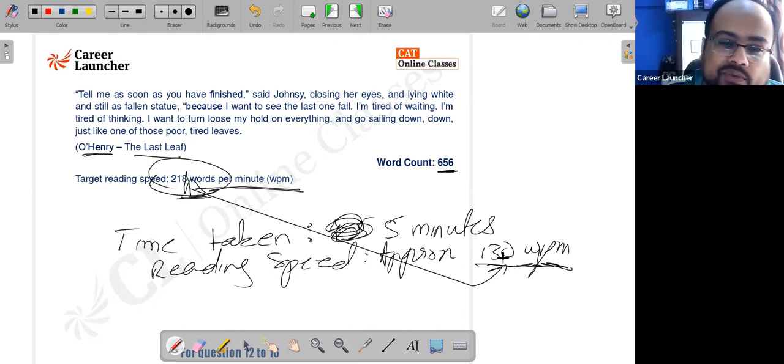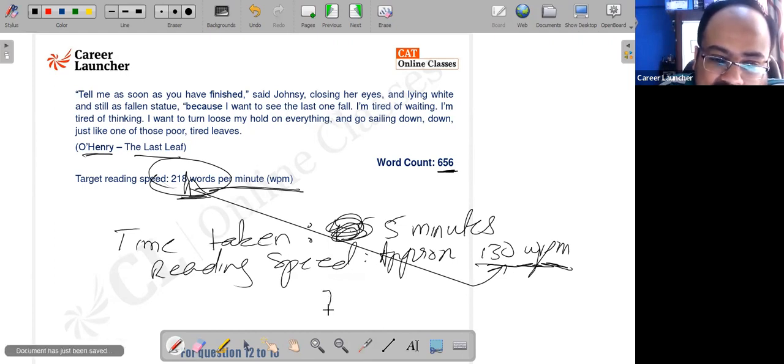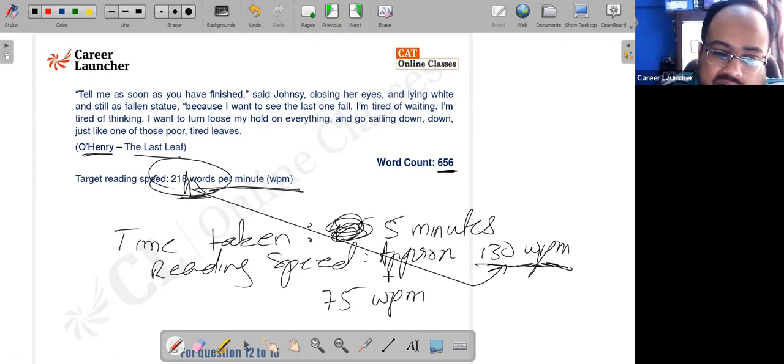Reading speed improves gradually, right? I cannot tell myself that from tomorrow I'll start reading at 250 or 300 words per minute. It does not work that way. Reading speed will only improve with practice. Don't worry, whatever your reading speed was right now, it doesn't matter at this point. I'll even go to the extent of saying that even if someone was able to read only 75 words per minute, it doesn't matter.